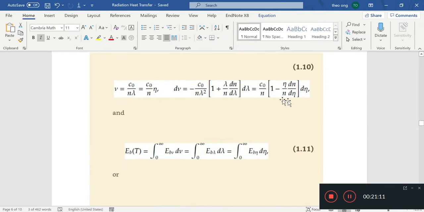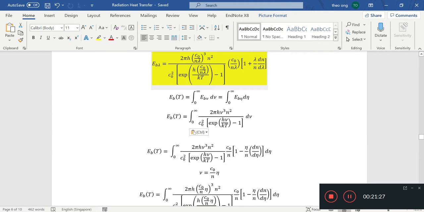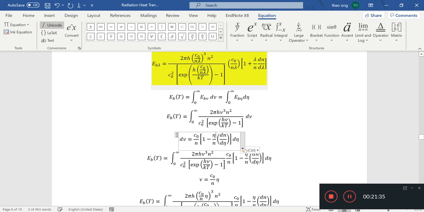As we see, d nu equals c naught over n, 1 minus eta over n, dn d eta. Again, that's done by differentiating both sides of this. It's pretty straightforward. So what we can find is that d nu equals c naught (1 minus eta) over n, dn d eta.